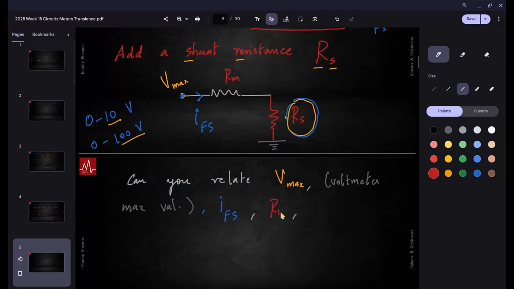Meter resistance, and the shunt resistance that you put for the given max. So let me also make a note here. Rs is chosen to suit Vmax. What is the relation between these four parameters?